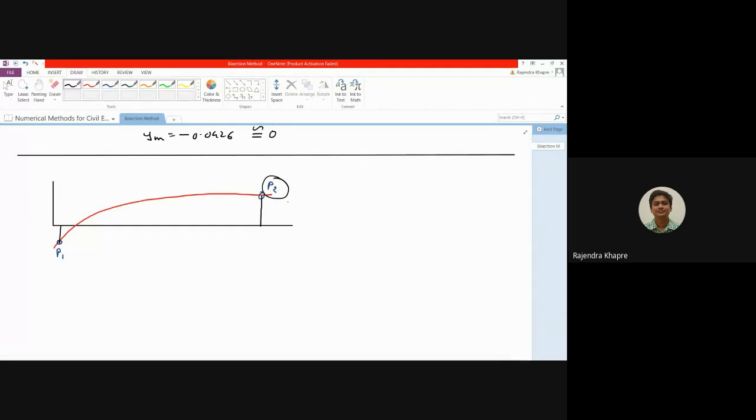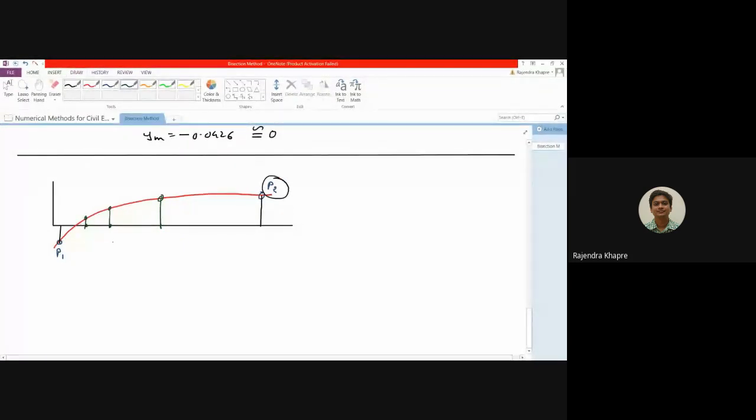Okay, but because of this, that second point is very very far from the actual root. So in this case, if you choose to bisect, your bisection will come somewhere over here. So here you are going to get one more point, then you are going to bisect in between these two, then you are going to get one point over here. Okay, then if you choose to bisect between these two, then again you are going to get this point over here.